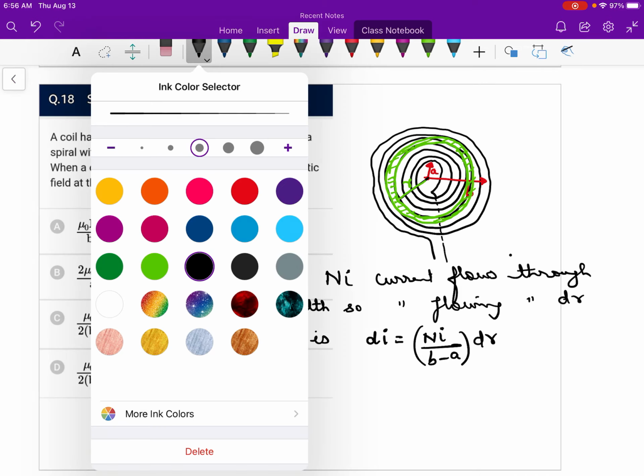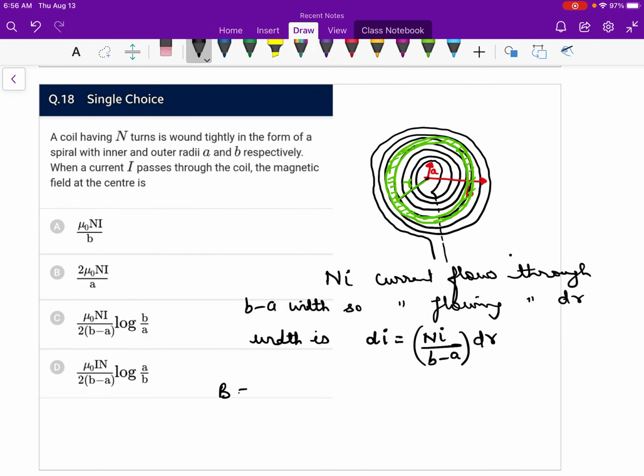So now magnetic field B is mu naught into di upon 2r, integration.